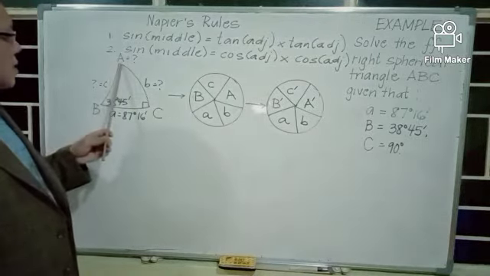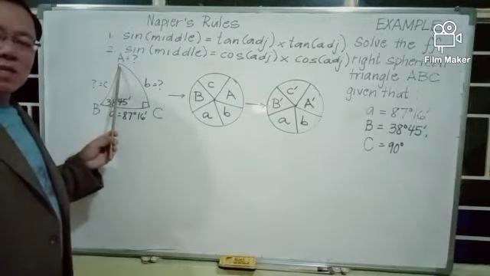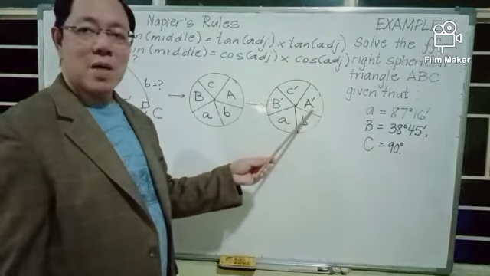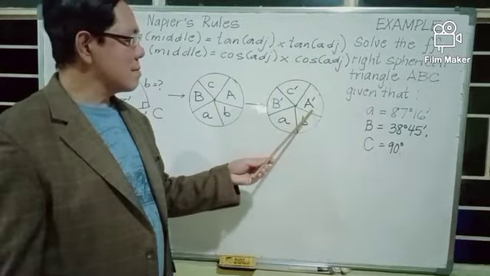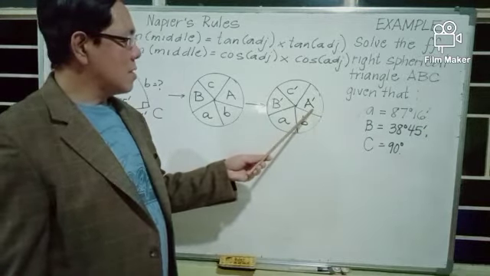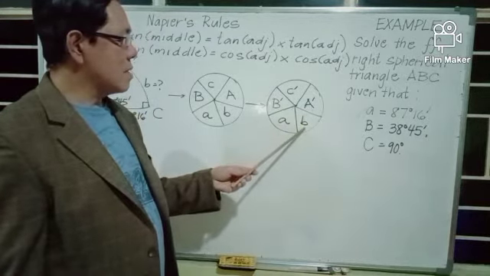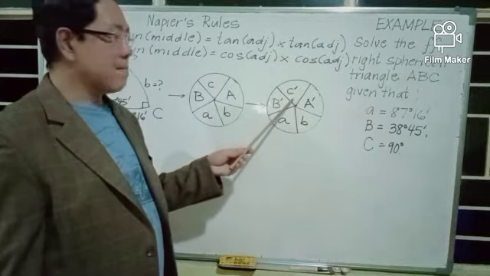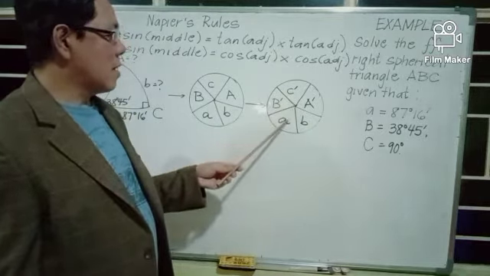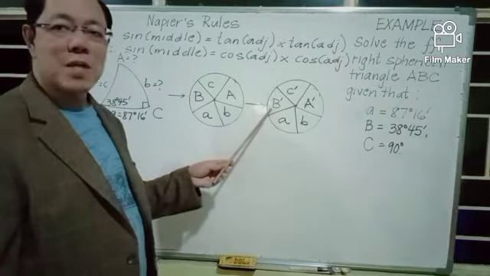Suppose we start with surface angle capital A. We take capital A prime as the middle part, and the adjacent parts are B and C prime, and the opposite parts are A and capital B prime.